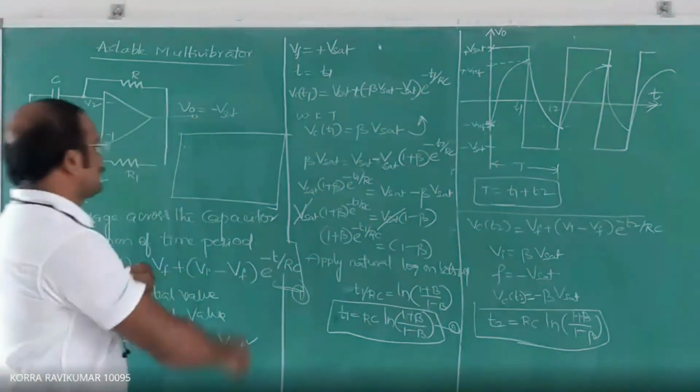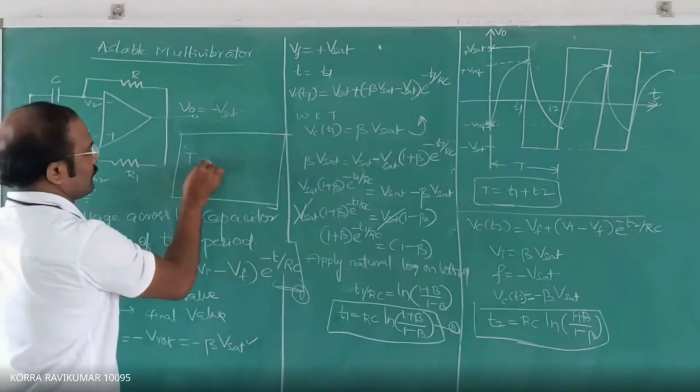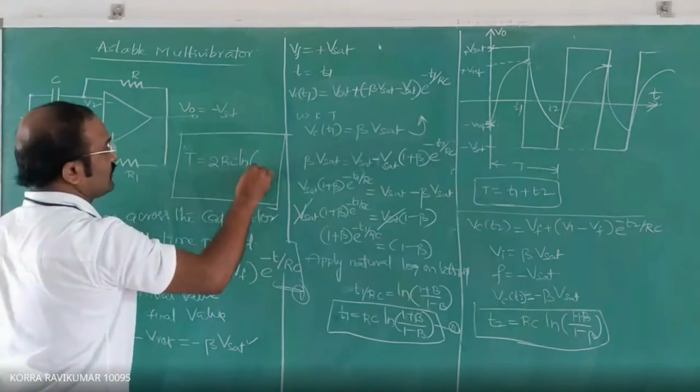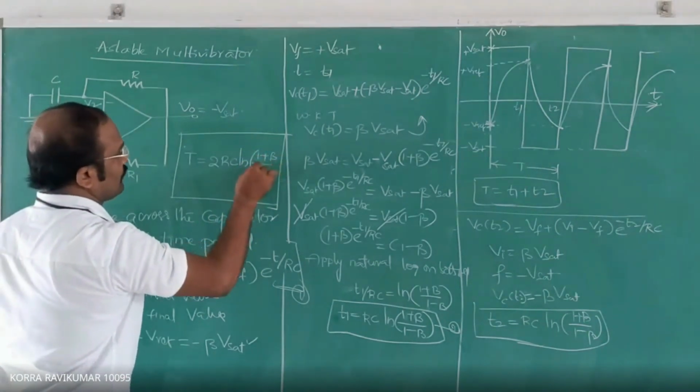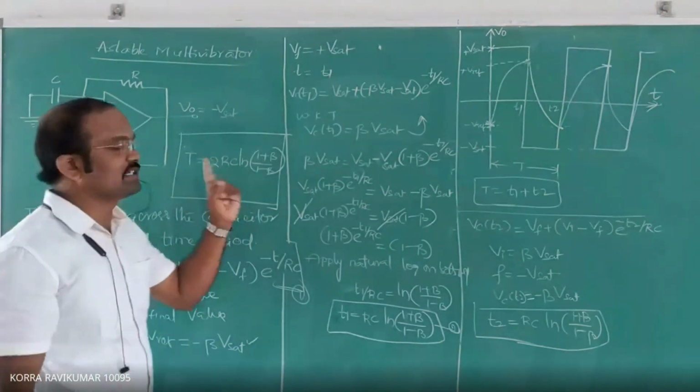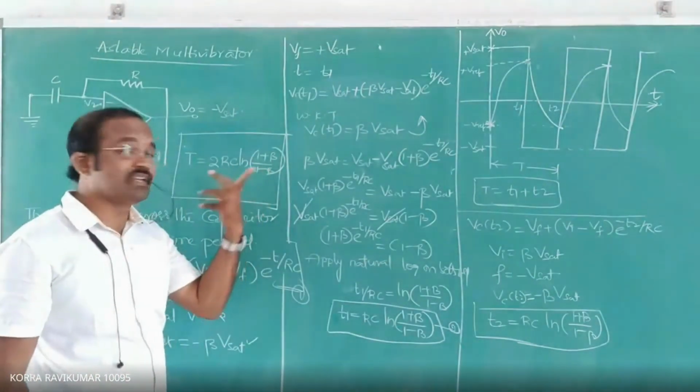So the total time period T is equal to 2 RC natural logarithm of 1 plus beta by 1 minus beta. If you know the value of R and C, automatically the beta value you will also get.